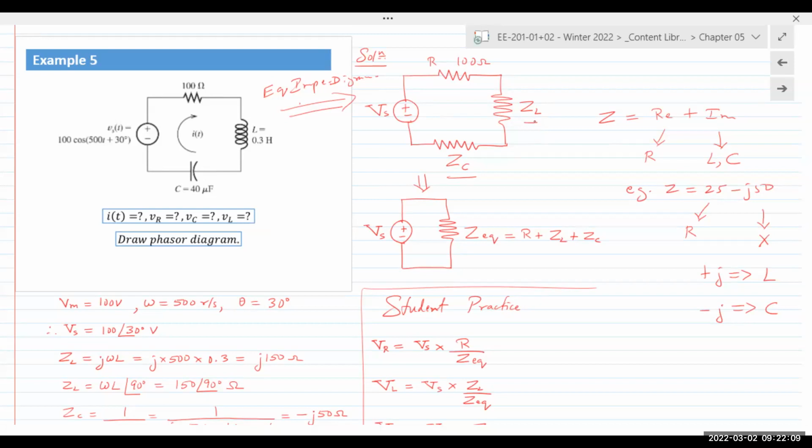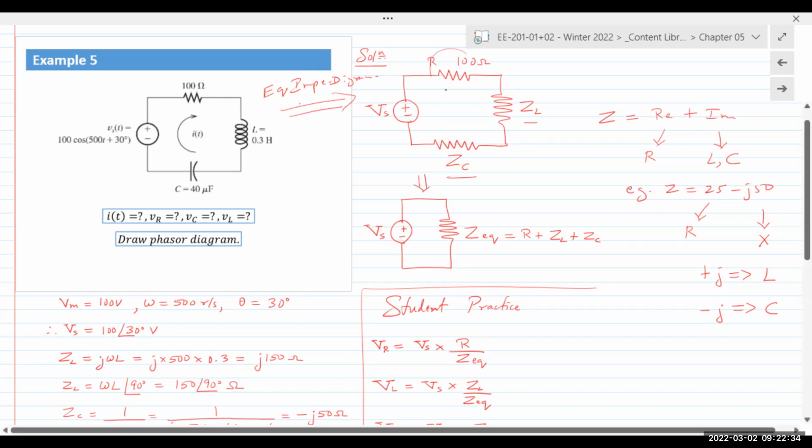If these were three resistors, what would you do? Combine all resistors together in series, right? Find Req, meaning one single equivalent resistor, apply Ohm's law, and find I. Once you find I, you apply Ohm's law again, because the same current I is flowing through each one of those components, and you find the voltages.